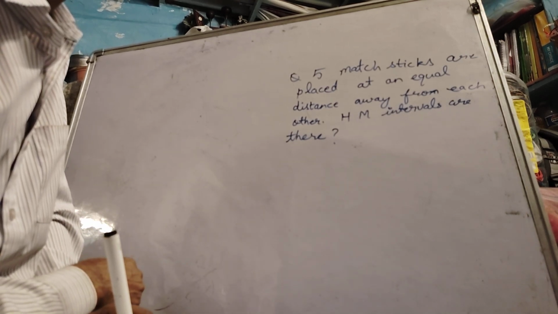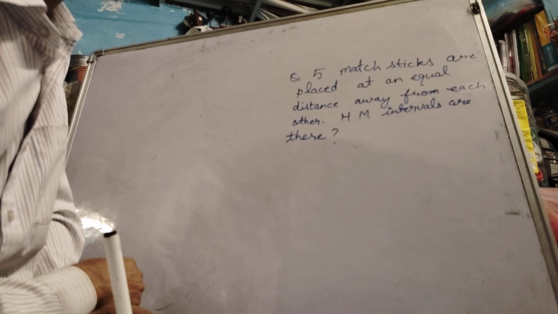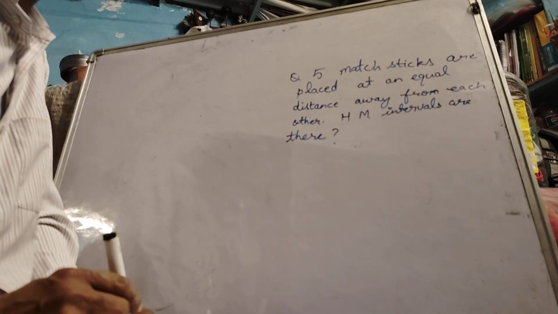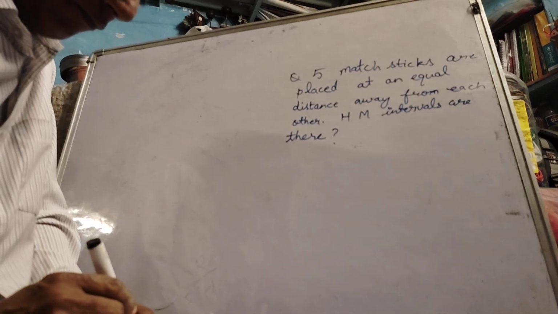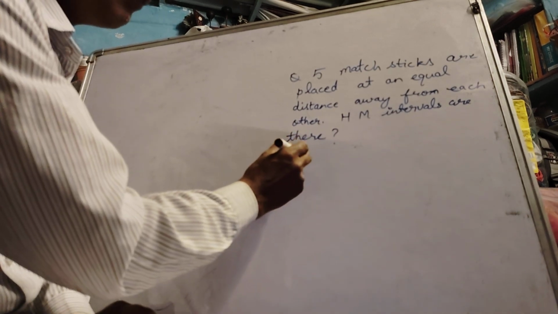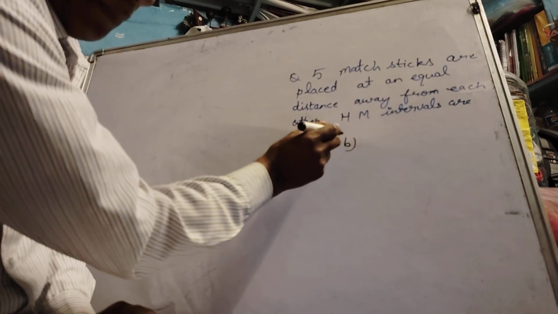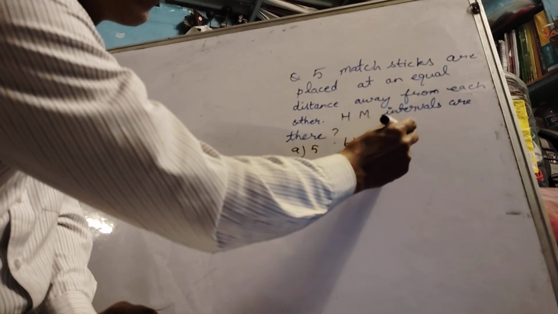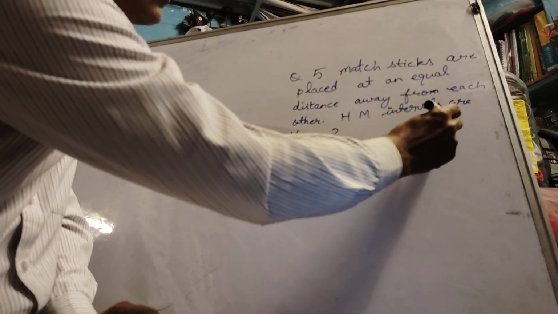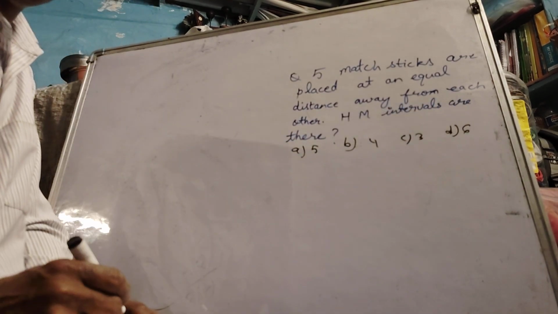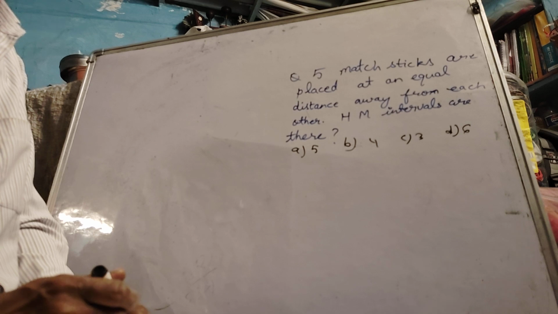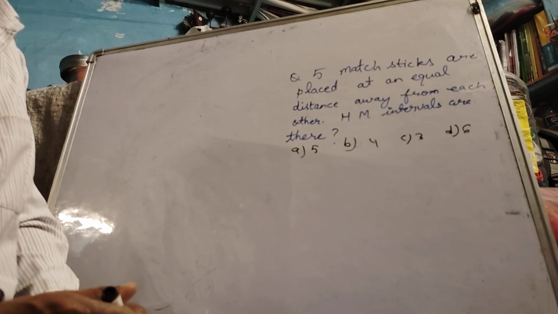Five matchsticks are placed at equal distances away from each other. The options are 5, 4, 3, and 6. 4.